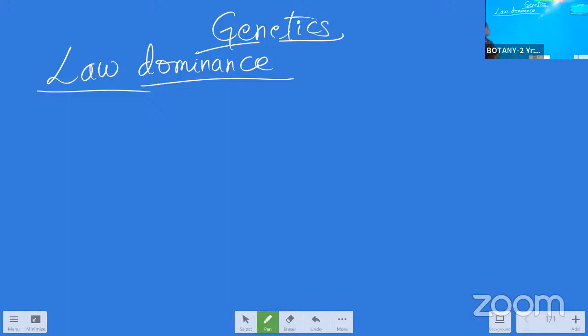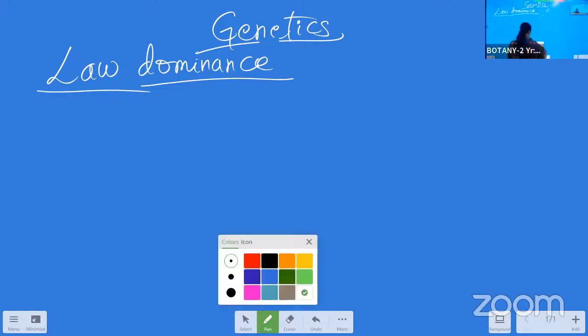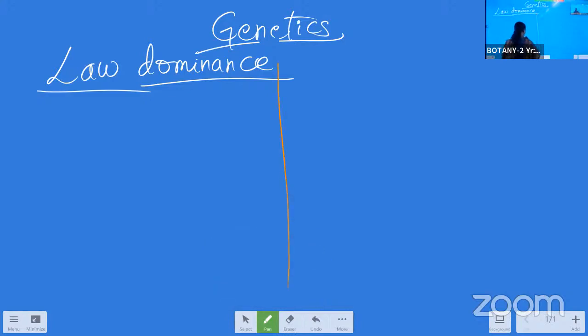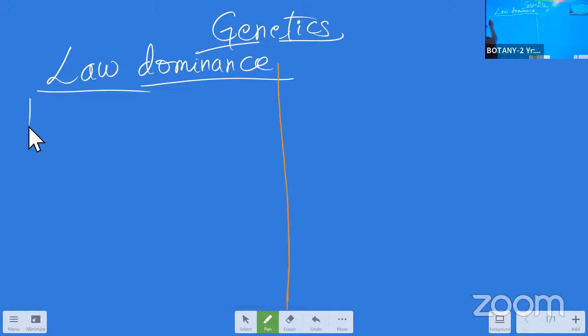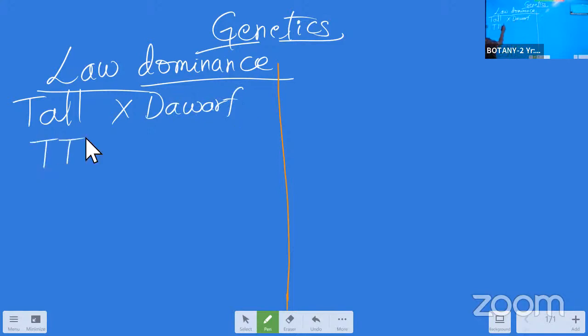That is the height of the pea plant, tall and dwarf. When we take 2 parents, one is the tall plant and another is the dwarf plant.